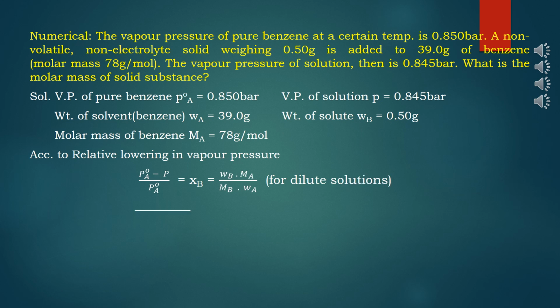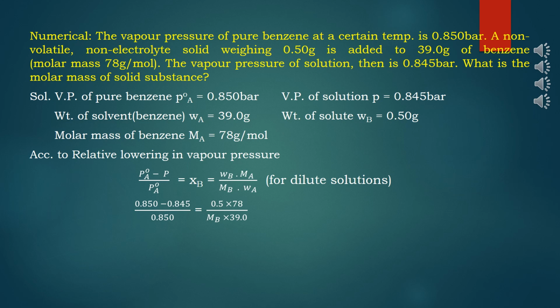So by putting these values, Pa naught is 0.850, P, that is the pressure of solution, 0.845, so 0.850 minus 0.845 divided by 0.850 is equal to Wb, that is 0.5, into Ma, that is 78, the molecular mass of benzene, divided by Mb, which we have to find out, into 39, that is the weight of solvent.